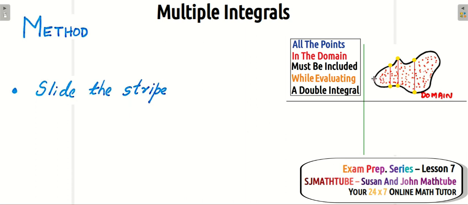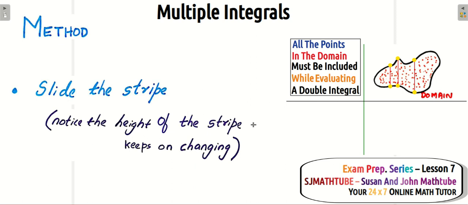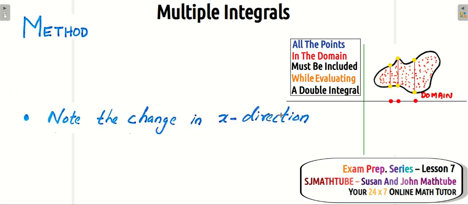The stripe begins here, and you keep on sliding it. Of course the height will be different. Even in this picture you can see the height being small here, a little bit large, and low, so long here. So see, the height of the stripe keeps on changing. Now I want you to look at this red dot.